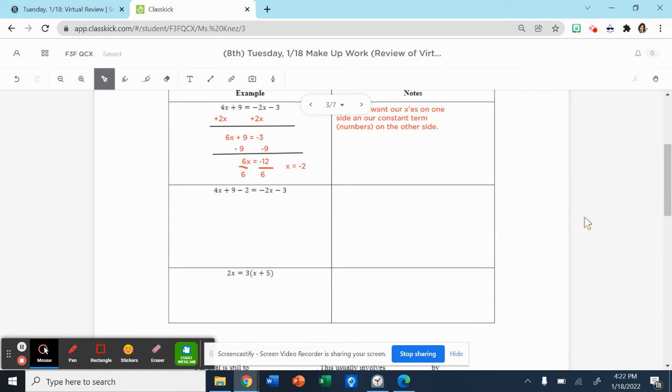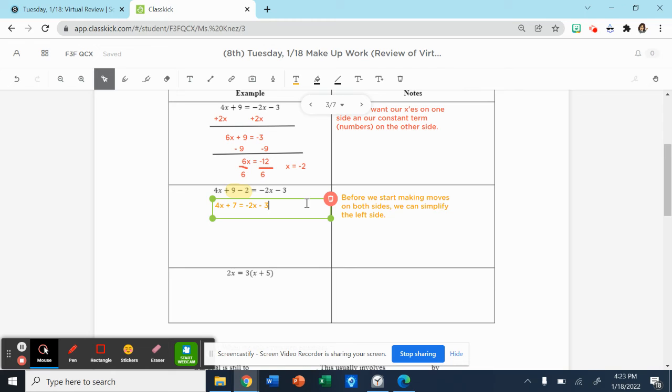Now, we're not going to solve the other two equations all the way through, but what I want to show you is that sometimes there's a different first step. In this equation, before we start making moves on both sides, we can simplify the left side. On the left side, we've got 9 minus 2. So before we even start doing things to both sides, we can say 4x plus 7 equals negative 2x minus 3.